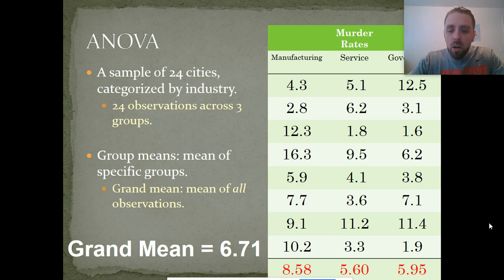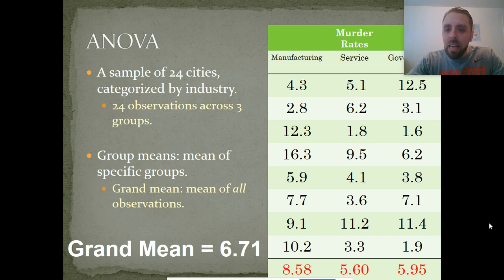So if I have an ANOVA problem with 3 groups, that implies I have 4 means that I need to be working with here. The group means refers to the mean of each specific group. So the group mean for manufacturing, or put another way, X bar 1 would be 8.58 for manufacturing, X bar 2 would be 5.6 for service cities, and X bar 3 would be 5.95 for your governmental cities.